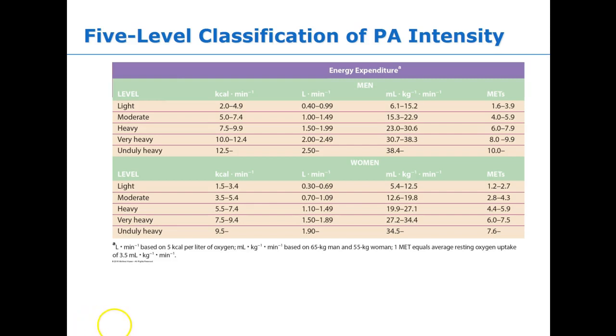This is the picture that I was referring to a little bit on the last slide. So you can see that they have the different levels of energy expenditure from light to moderate to very heavy to unduly heavy. They've expressed them according to kcals per minute or liters per minute in terms of oxygen consumption. And again, typically we like to use milliliters per kilogram per minute.